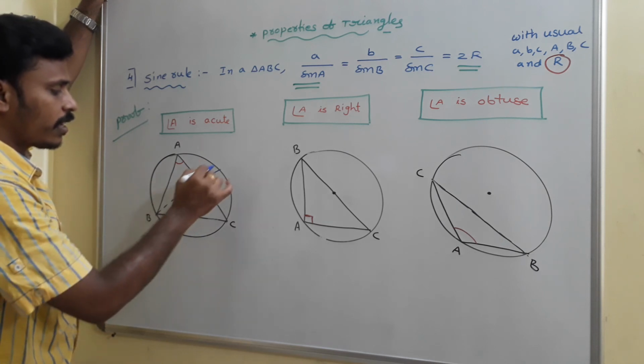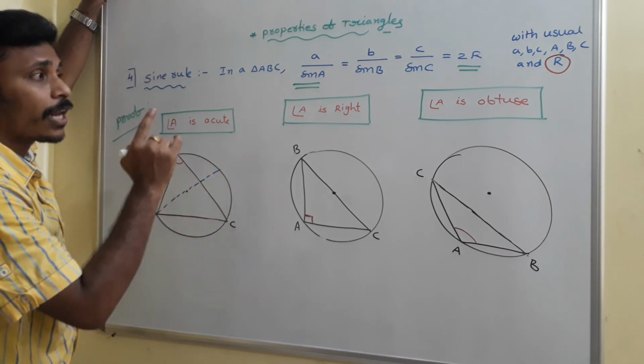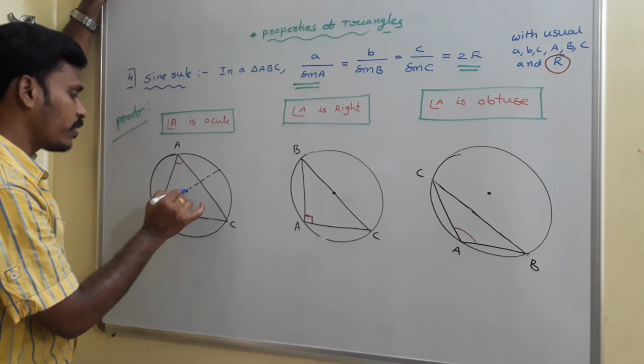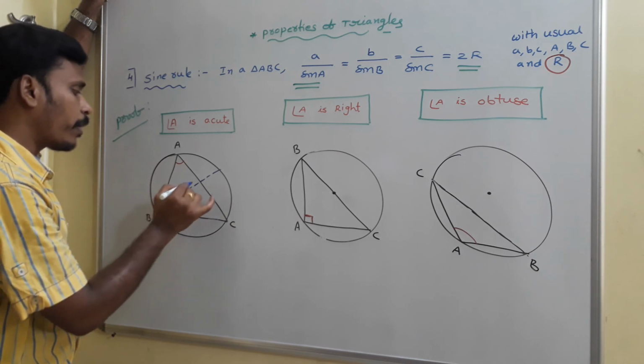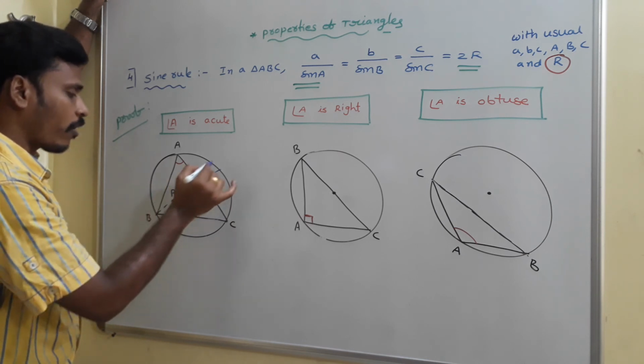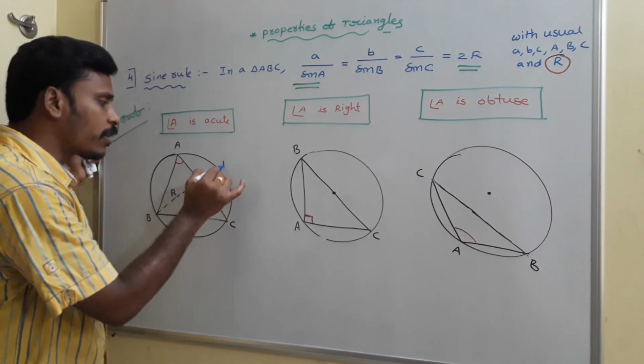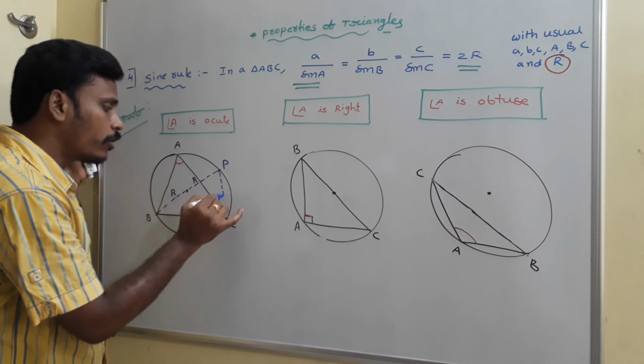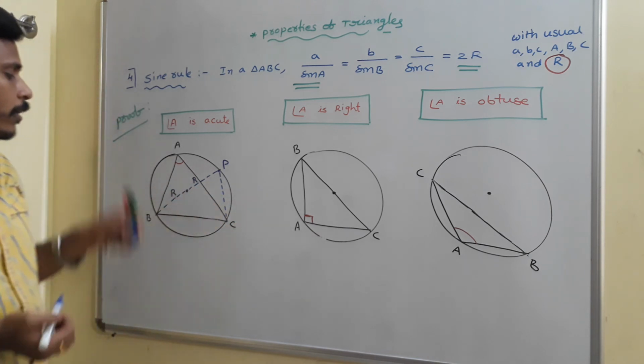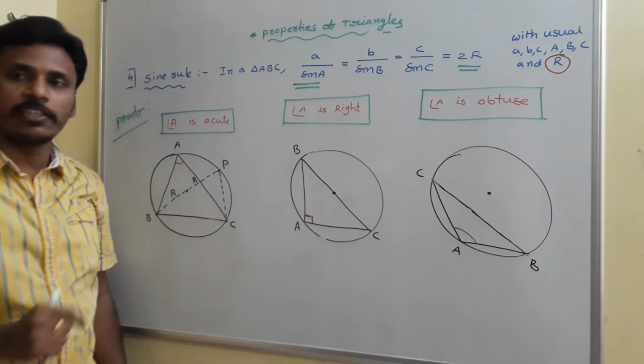Since capital R is the circumradius and this is the center, this length is also capital R, radius only, right? And then I will join this point, you may say P, to C also. So this is R and this is P.